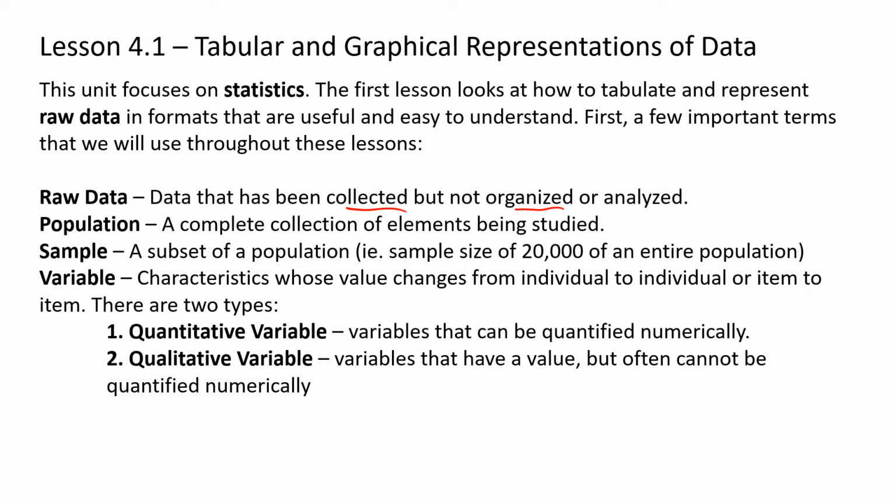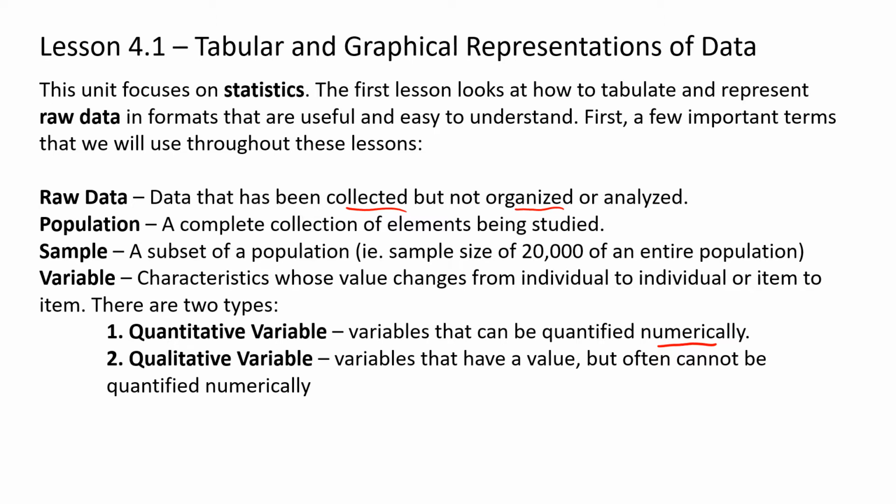The last piece is our variables. There's two types. There's quantitative variables, which are ones that can be quantified numerically. In other words, you can assign a numerical value, 1, 2, 25, whatever it is, easily. A good use of that, again, if I go back to data loggers, is if you're measuring temperature.